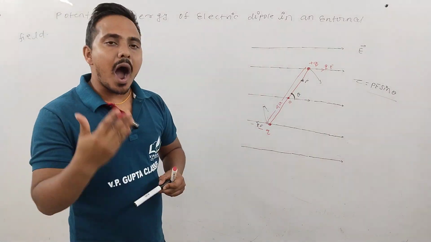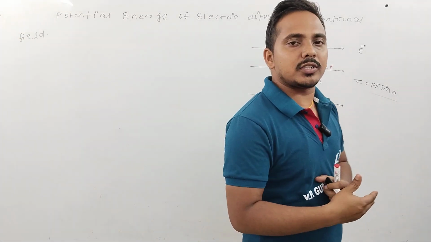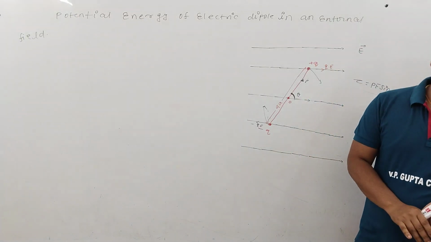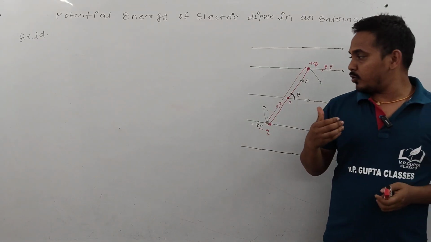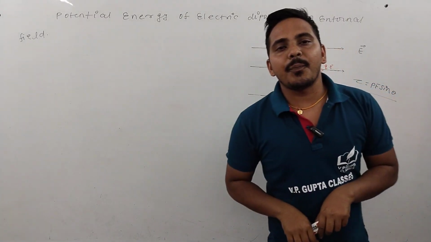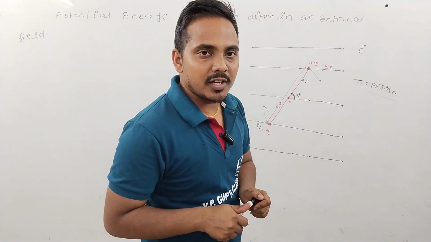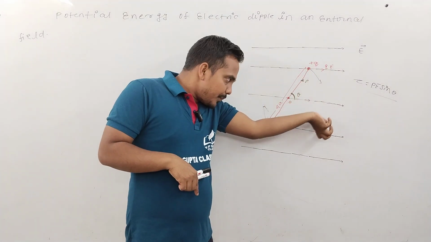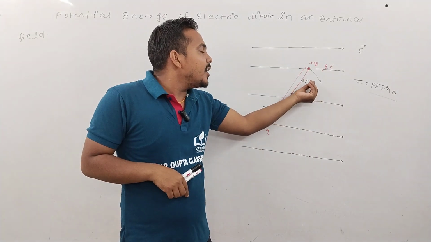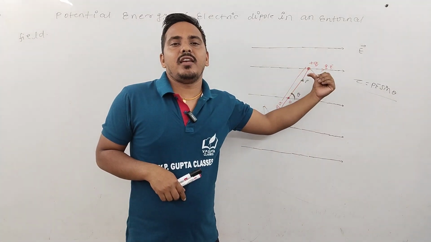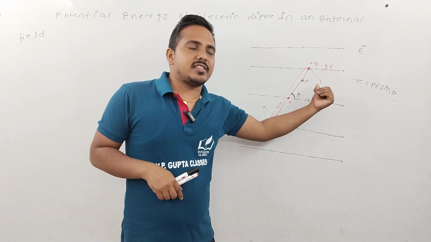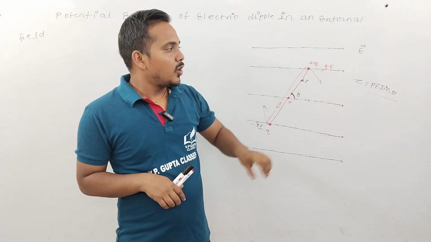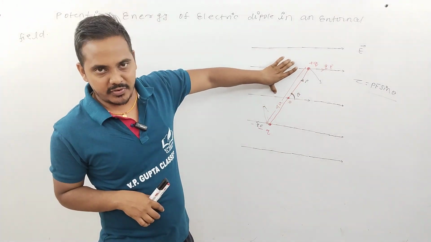Now, to find the electric potential energy in an external field, we apply a torque. The dipole's torque is in the clockwise direction, and we apply the external torque in the anti-clockwise direction to neutralize this torque effect.